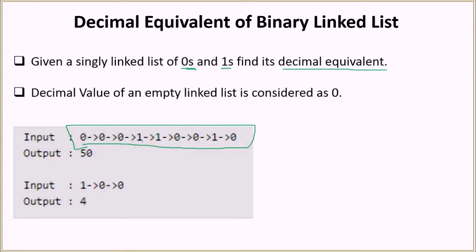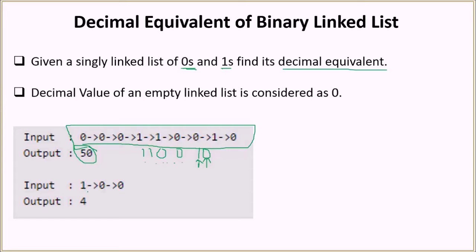As you know, to convert this number 11010 to decimal, you need to multiply with 2 raised to power 0, then 2 raised to power 1, and so on. You multiply and add those numbers, and in the end you will get 50.